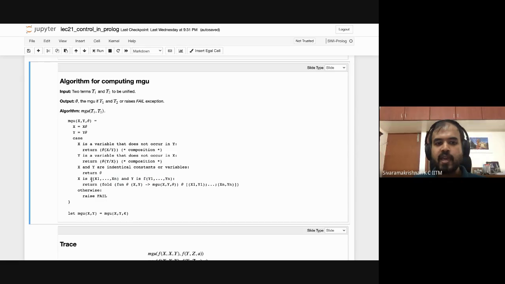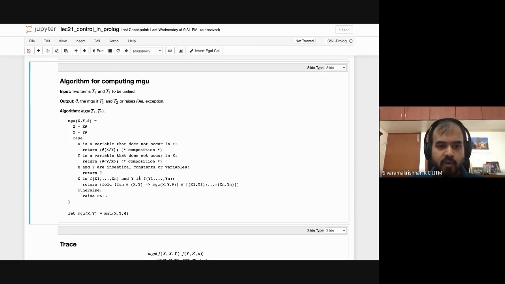If x happens to be a term which is foo of 1, and y happens to be a term which is bar of x, bar of z or something, then this pattern will not match. You have to raise fail because these two terms do not unify. By using the same variable name here, I'm saying these two top function symbols should be the same, and by using the same number of arguments, I'm also saying that the arity is the same. That is the implicit assumption here.